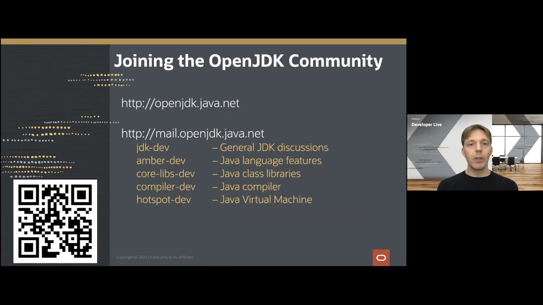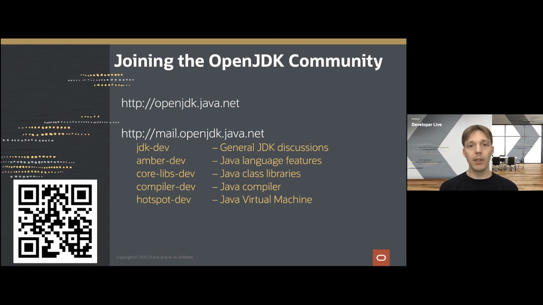One place to start when you want to join the OpenJDK community is to go check the OpenJDK website. There you will find information about all the different projects that are going on, and basically anything, links to mailing lists, links to different guides and tutorials, and a lot of information on the OpenJDK wiki, for instance. The mailing lists are, as I mentioned before, the place to start.